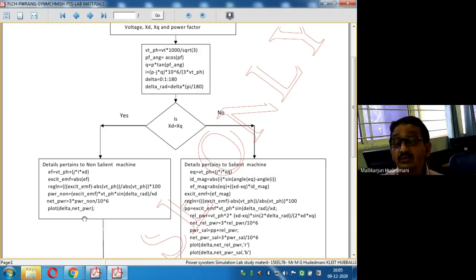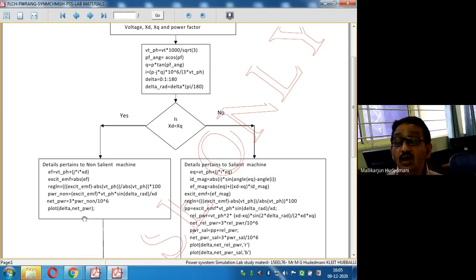Then from that I analyze the variation of power along the y-axis, delta along the x-axis. As delta keeps changing from 0 towards 180 degrees, the power value keeps rising till 90 degrees as a peak, and later from 90 degrees when I move to the right side, the power value diminishes to 0.